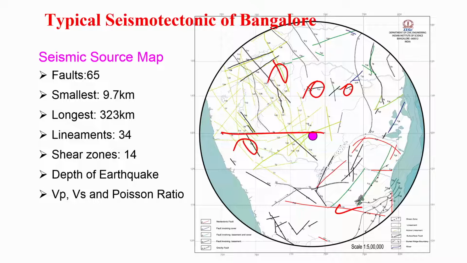If it is not available, you have to do a detailed study, depending upon the project. If you are doing it for an important project like a nuclear power plant, dam or multi-storied building, it is worth investing time in that, so that your hazard estimation will be reliable because of these maps. So this is how you can prepare your hazard analysis.